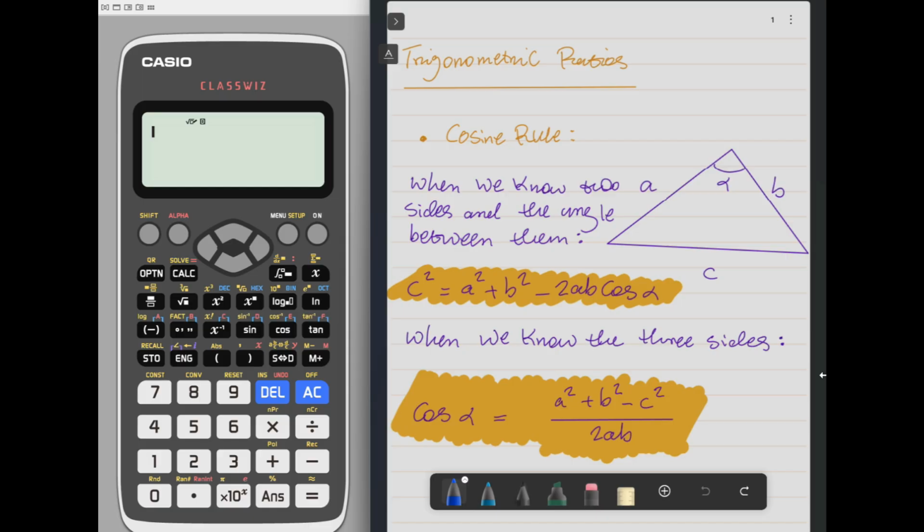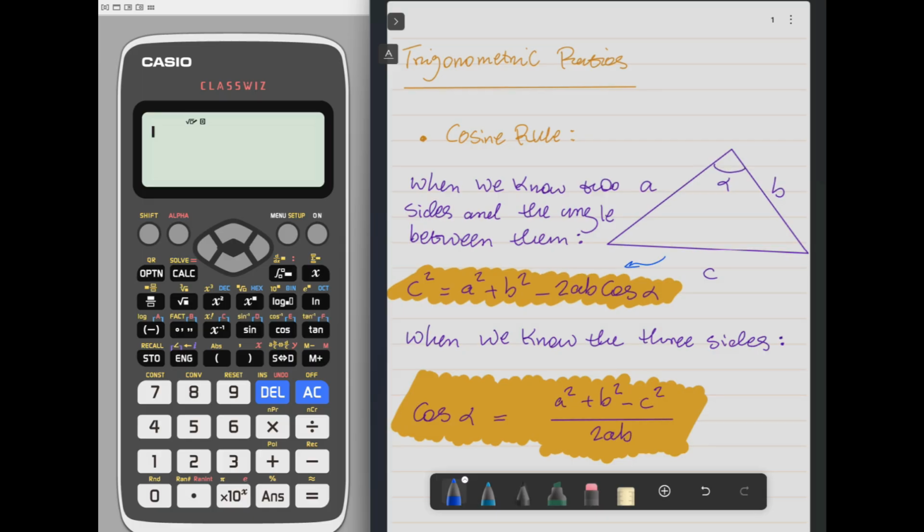One is the cosine rule, the other one is the sine rule, and the last one is the area of the triangle using the sine. As for the cosine rule, when we know two sides and the angle between them, we can use the highlighted formula here.